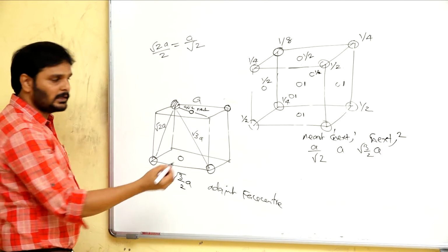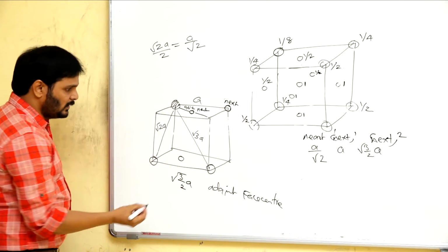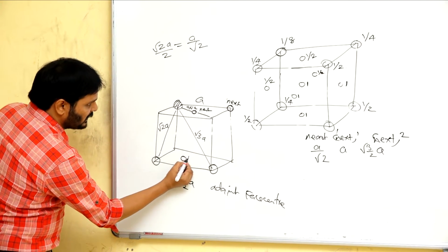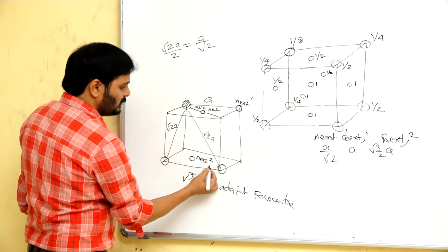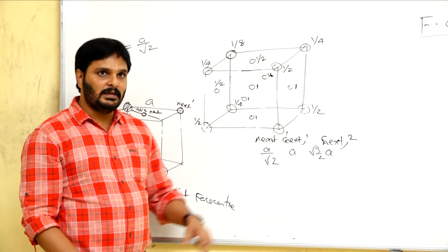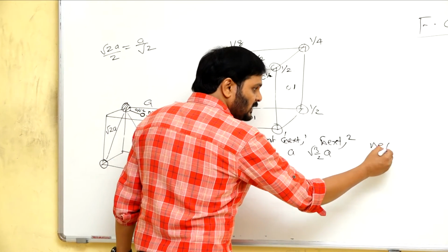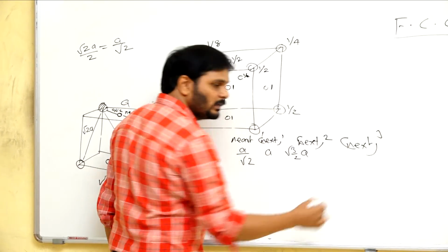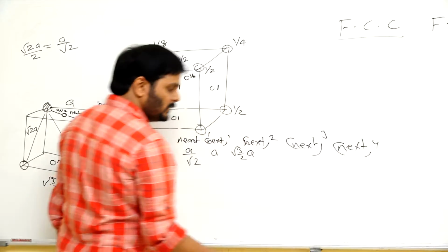So this is the nearest one. So I am marking over here. This is next to nearest one, and this is next one, next two. Suppose if you want to find out the next three, generally up to two they will ask in the examination. But if you want, there is a simple trick.